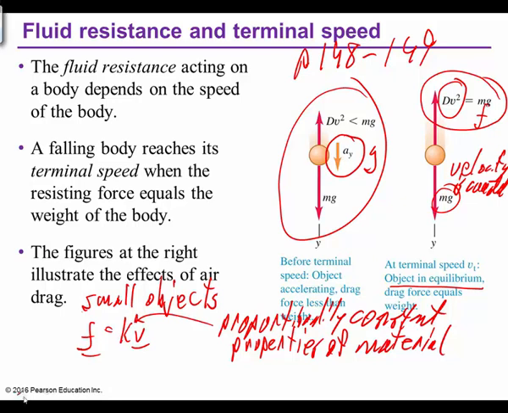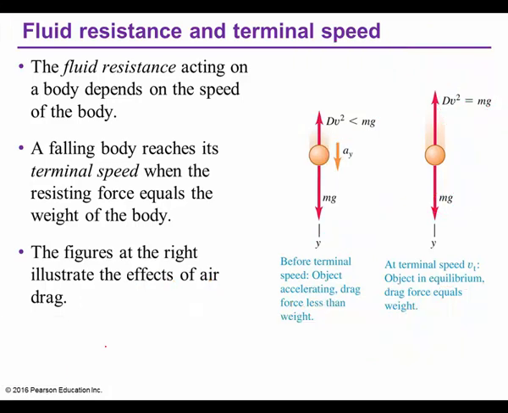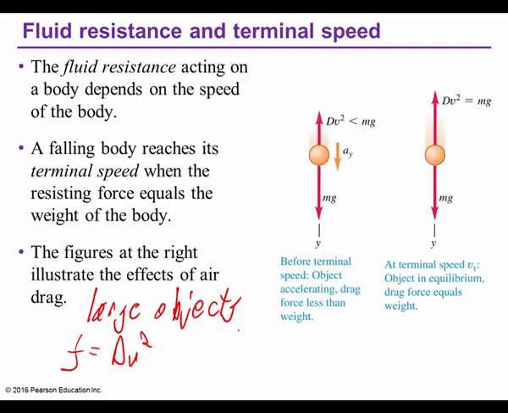However, for large objects, more massive objects, the relationship, and this is on page 148, is F is equal to dV squared. And of course, again, d is what we call our drag coefficient.